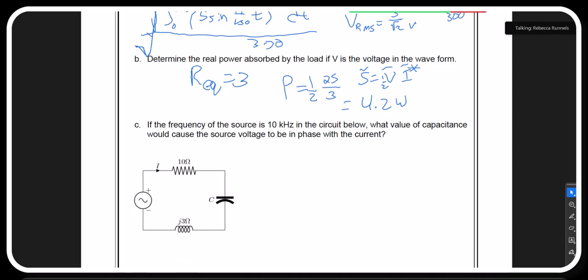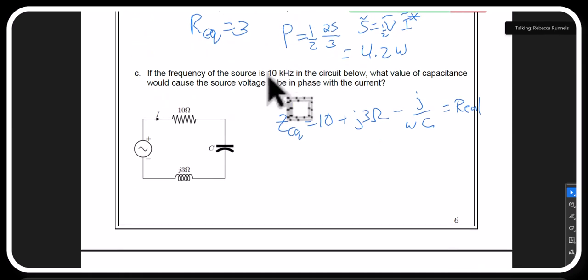If the frequency of the source is 10 kilohertz in the circuit below, what value of capacitance would cause the source voltage to be in phase with the current? So we have 10 ohms. Our equivalent impedance is 10 plus j3 ohms minus j over omega C. We want this to be a real number.